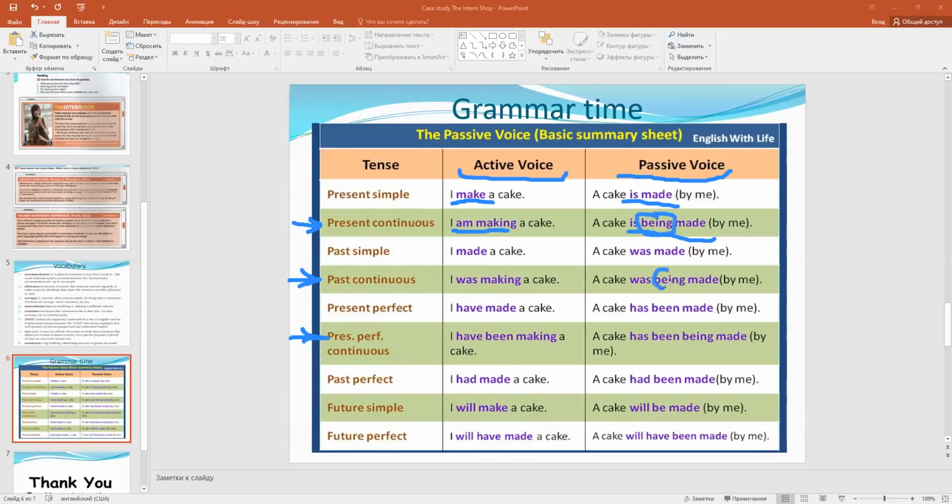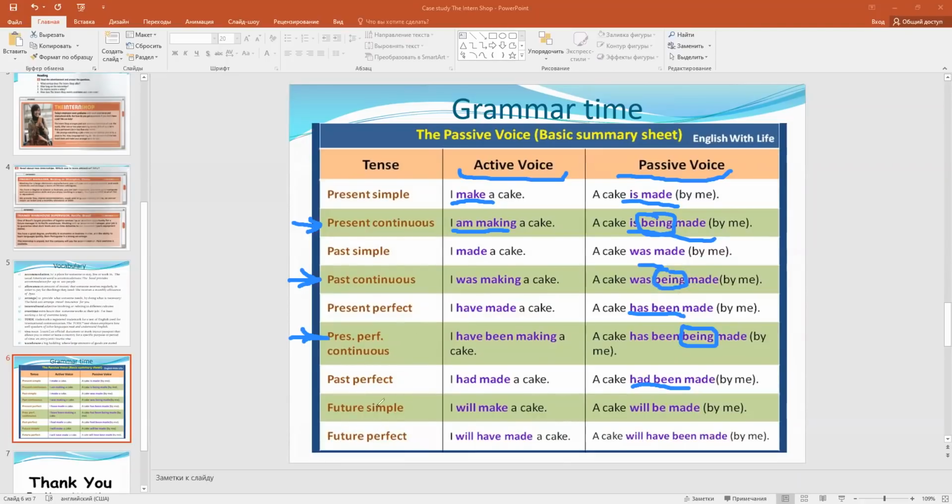When you transfer the active voices in the continuous tenses into passive, you have to add an extra being. You can see being. But others, for example, non-continuous tenses, present simple, past simple, and perfect tenses, they do not have any being. You notice here and here also, they don't have any being.